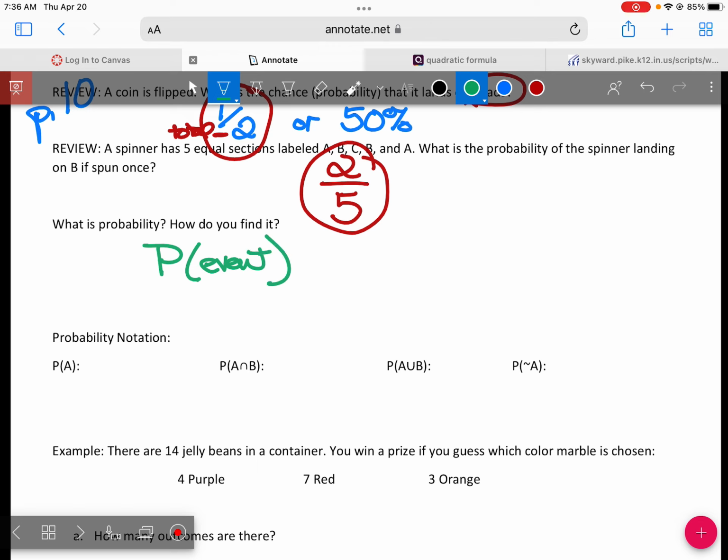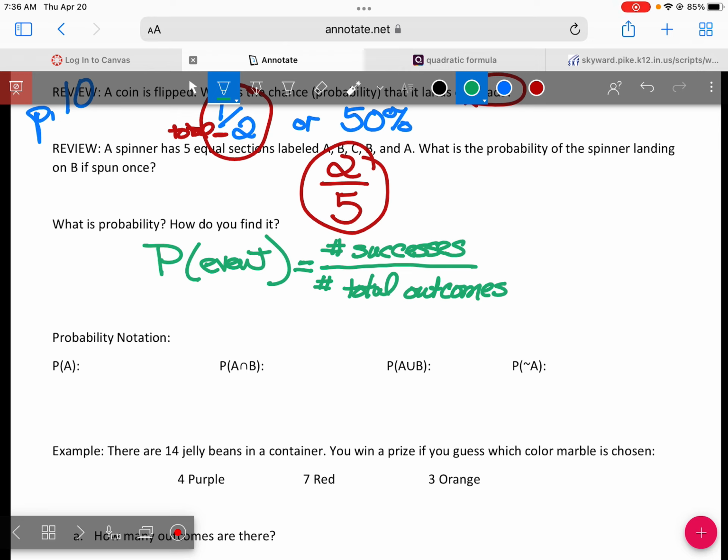Probability of an event is equal to the number of successes where that event does happen divided by the number of total outcomes. The number of successes divided by the number of total outcomes.